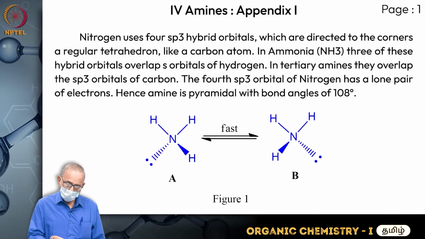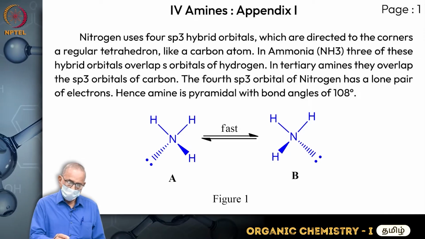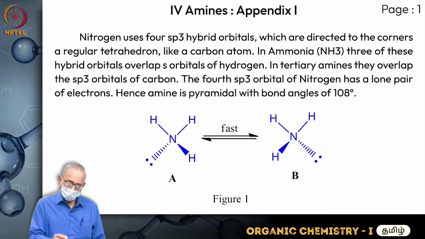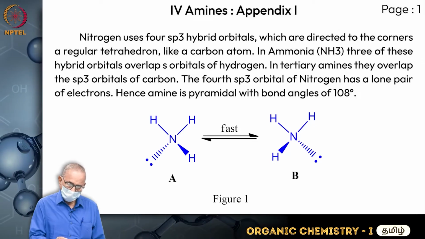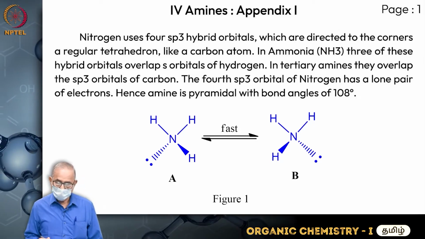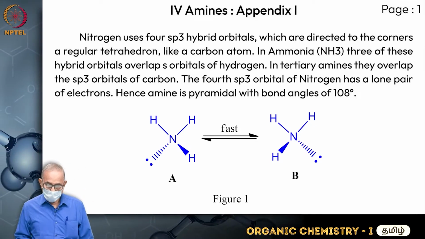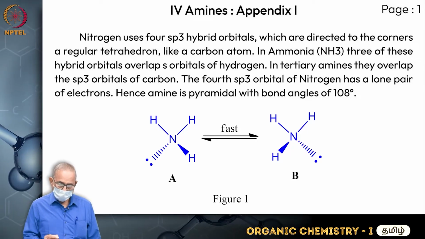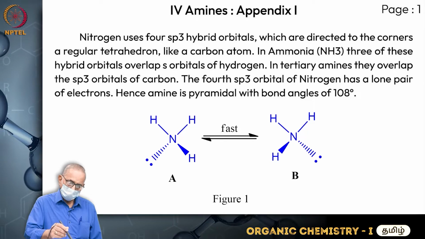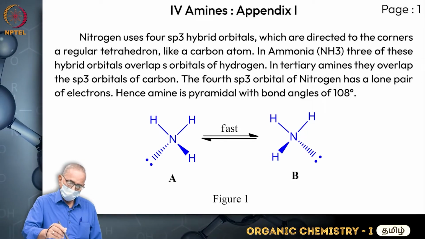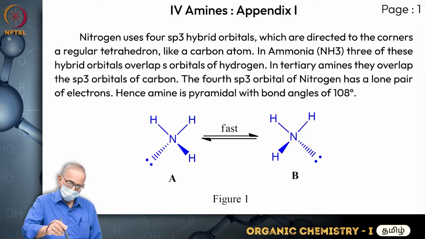The second sp3 is attached to this hydrogen. Third, this hydrogen. One of the sp3 hybrid orbitals contains the lone pair of electrons, and hence this molecule, see, one side is the lone pair, all the 3 hydrogens are coming above the plane.